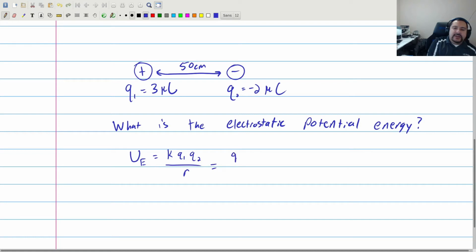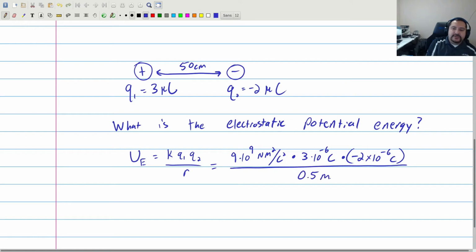So this is equal to 9 times 10 to the 9th newton meters squared per coulomb squared, times Q1, which is 3 microcoulombs, or 3 times 10 to the -6 coulombs, times Q2, which is -2 microcoulombs, or -2 times 10 to the -6 coulombs, all divided by the distance between them. 50 centimeters is 0.5 meters.